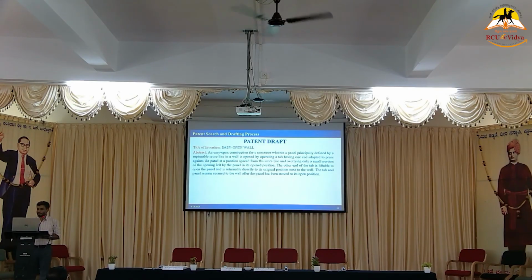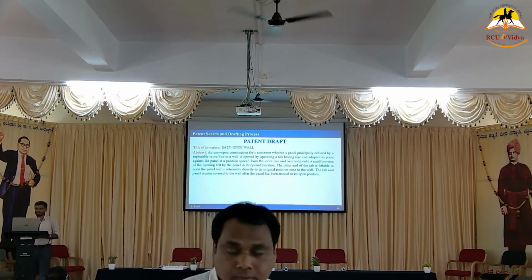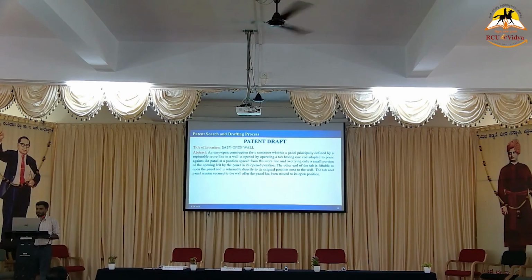The other end of the tab is liftable. You have seen the other end: first you rotate it and try to lift the lid. The same thing you have described. The other end of the tab is liftable to open the panel and returnable directly to its original position next to the wall. You rotate, open, and again it is retracted to the same position. The tab and panel remain secured to the wall after the panel has been moved to its open position.